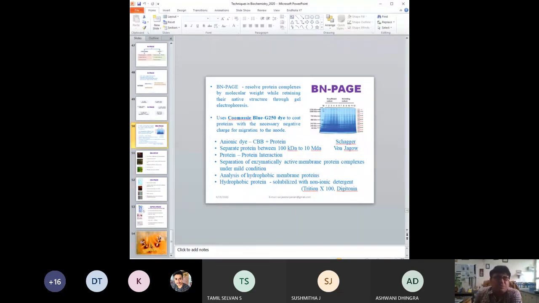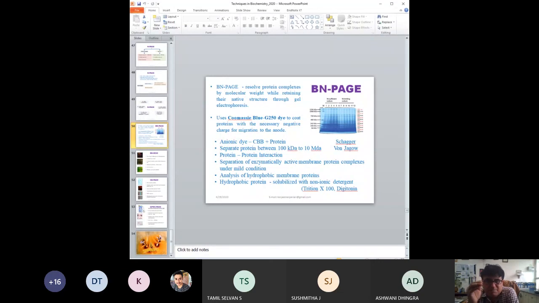Here, if you see this BN-PAGE or blue native polyacrylamide gel electrophoresis, it resolves the protein complexes by molecular weight while retaining their native structure through gel electrophoresis. So it will resolve the protein based on its molecular weight while resolving it on the gel.